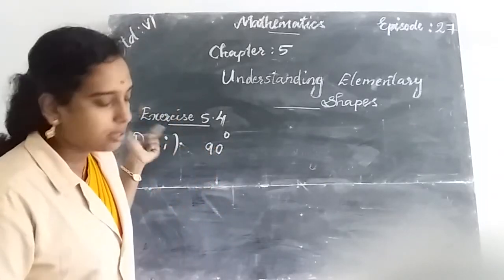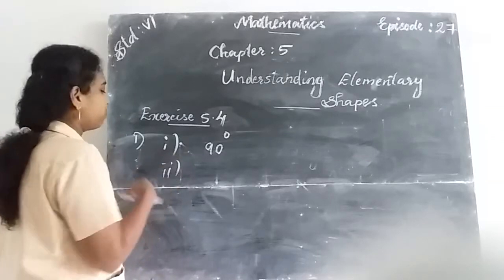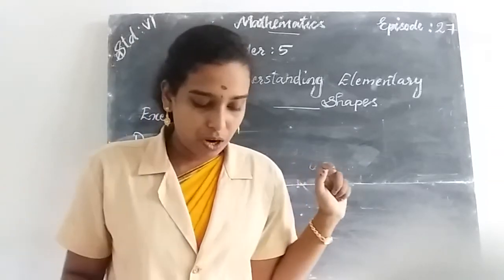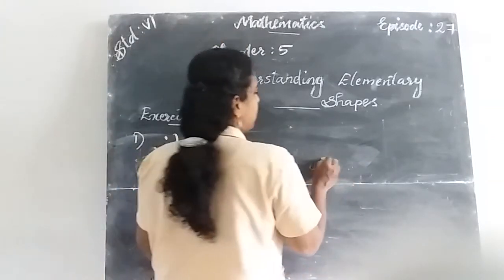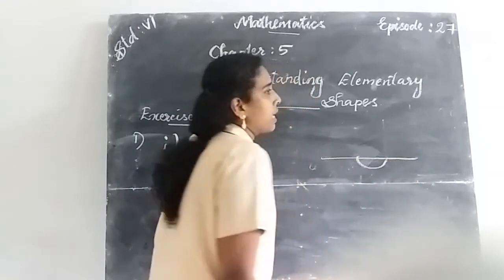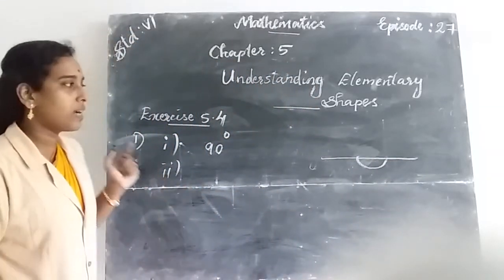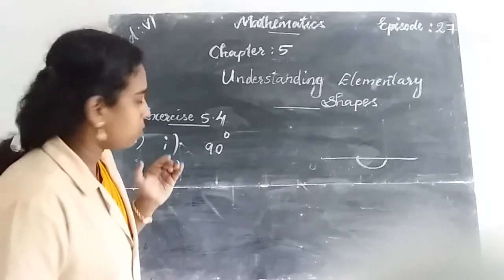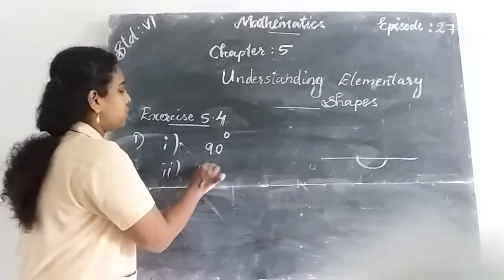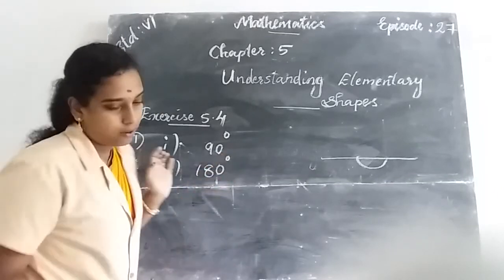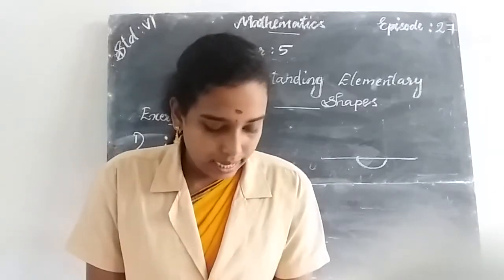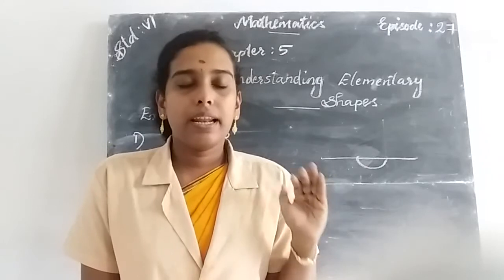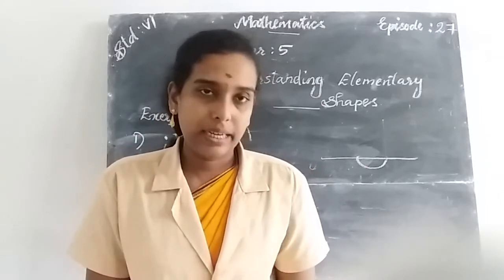Then another question in part 2: what is the measure of a straight angle? A straight angle means like this, and the angle measures 180 degrees. An angle that measures 180 degrees is said to be a straight angle. So the measure is 180 degrees. So a straight angle measures 180 degrees and a right angle measures 90 degrees.